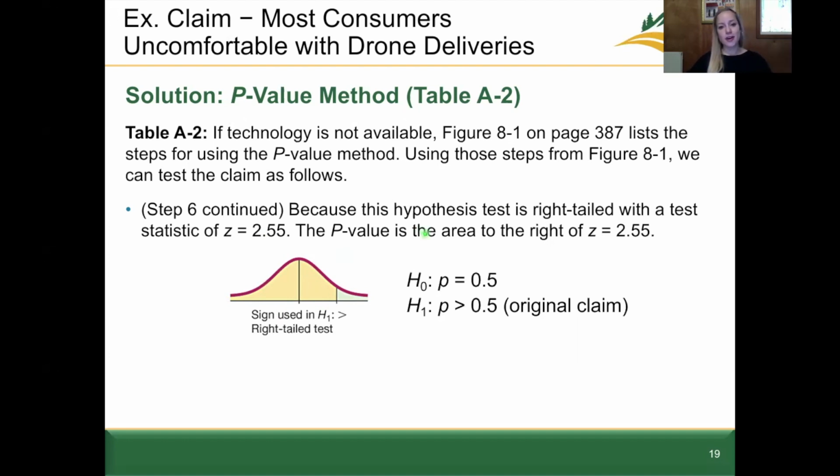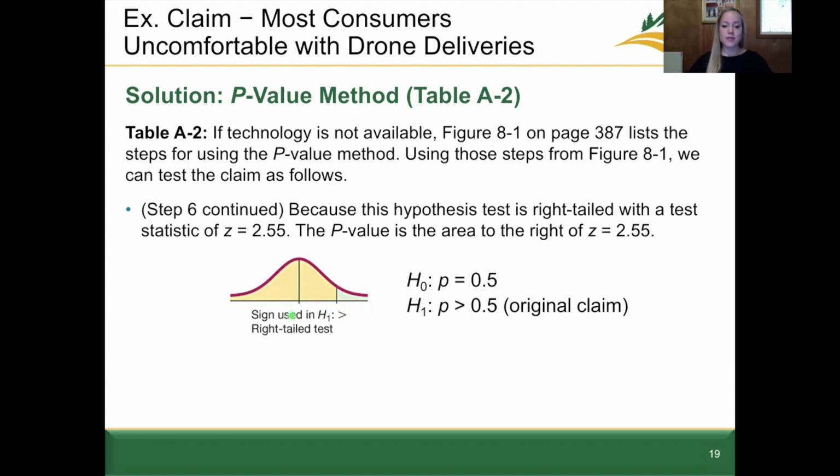To connect our original example to, is it a right-tailed test, is it left-tailed, is it two-tailed, we need to look back at the notation in our alternative hypothesis. For us, our alternative hypothesis has this notation of p is greater than 0.5. Then, because in our alternative hypothesis we have this greater than symbol, which sort of points to the right, we know that we're dealing with a right-tailed test.